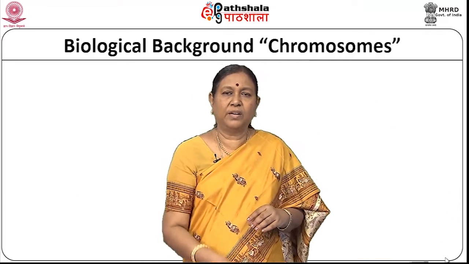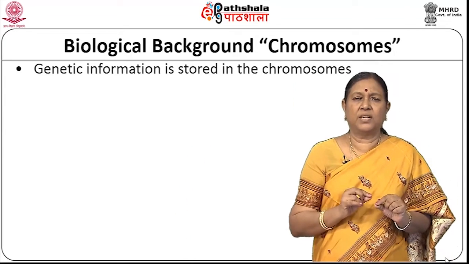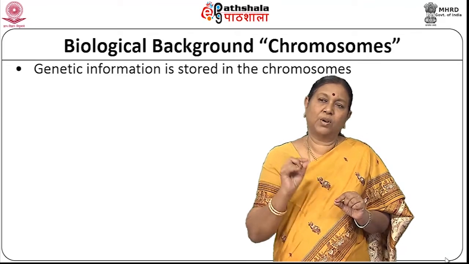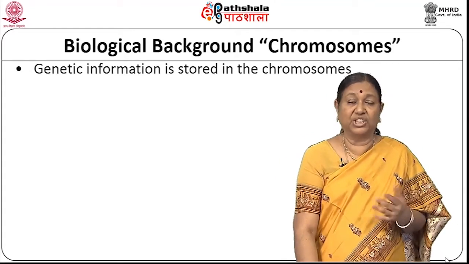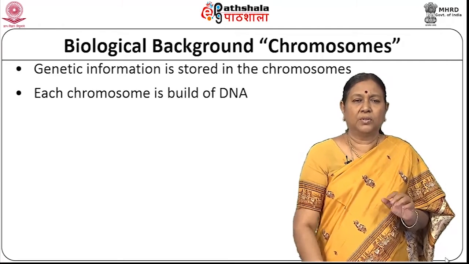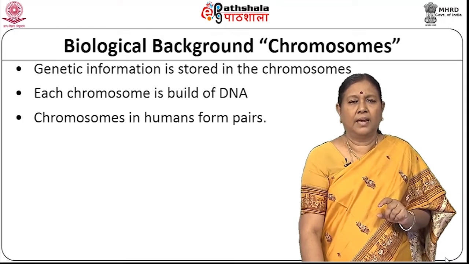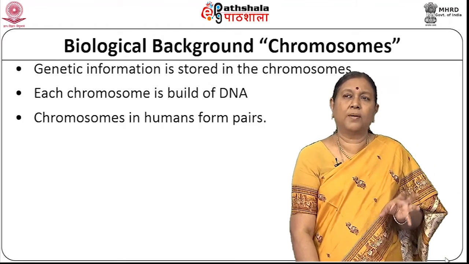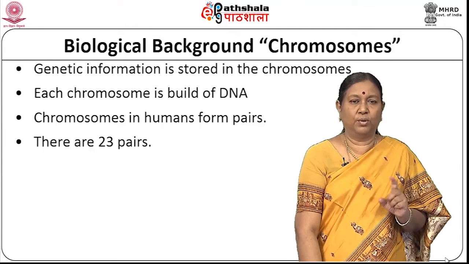And now we will go to the chromosomes. So, what are these chromosomes? The genetic information is stored in what are called chromosomes, and genes decide a lot of factors for us in nature, in humans. Each chromosome is built of DNA, and chromosomes in humans form pairs. There are 23 such pairs in humans.